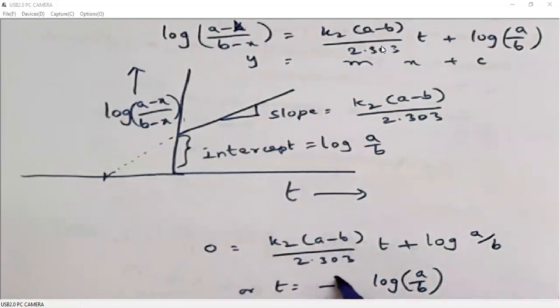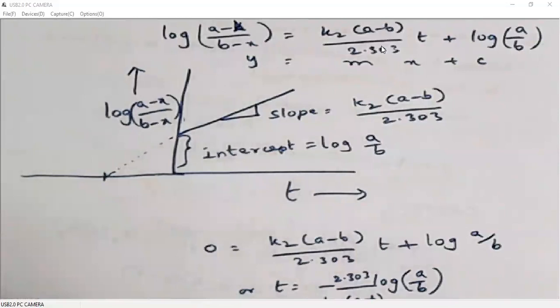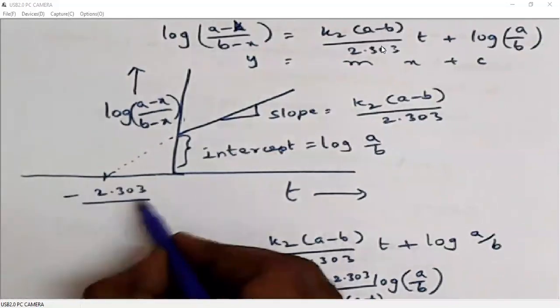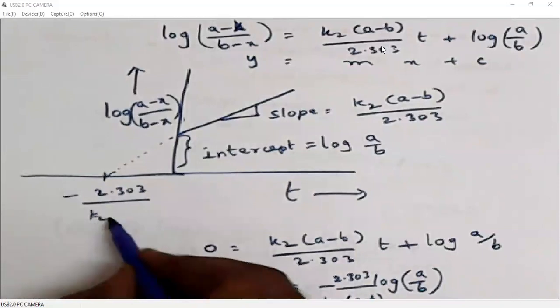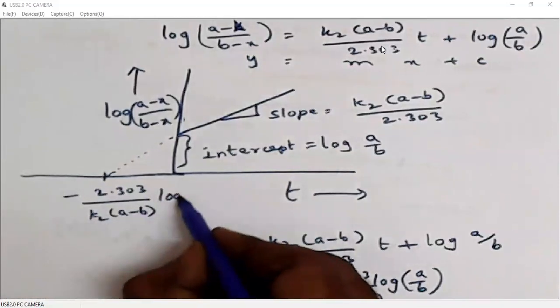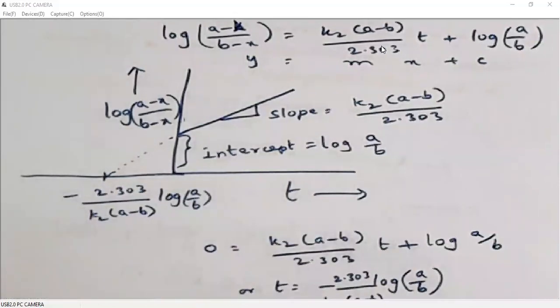So it becomes 2.303 by k2 into a minus b, right? So when we extrapolate this graph to the t-axis, what we will get is a value of minus 2.303 by k2 into a minus b into logarithm of a by b for the t.